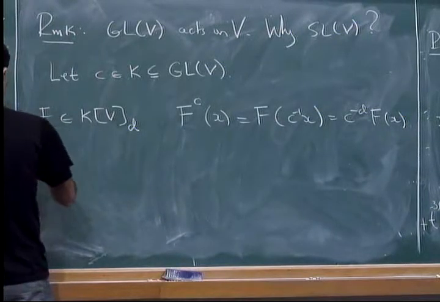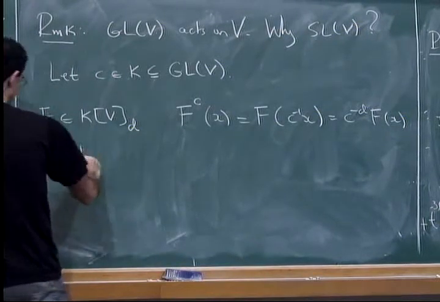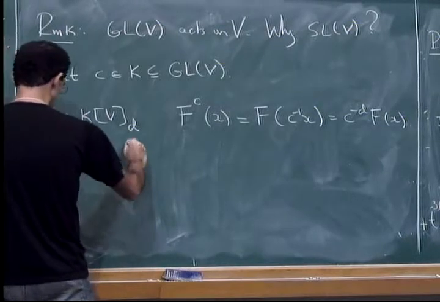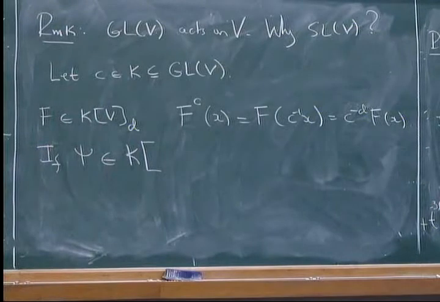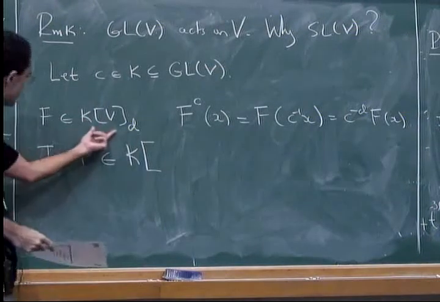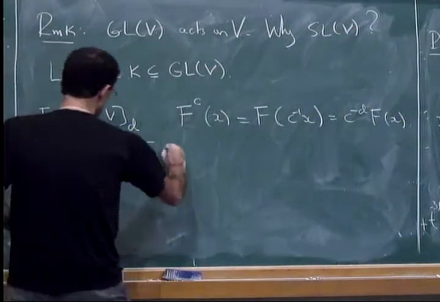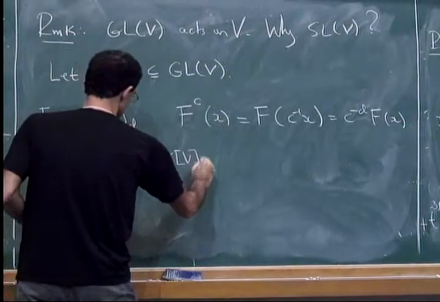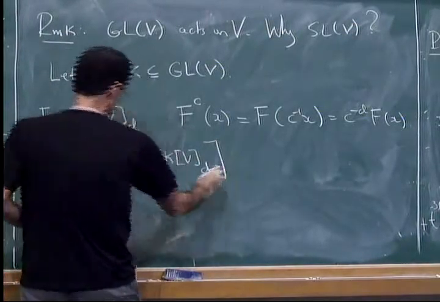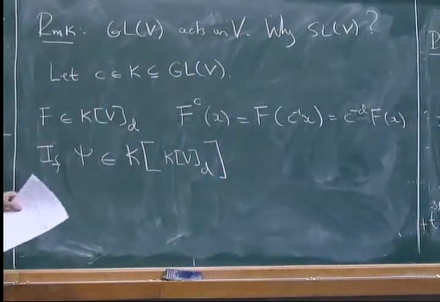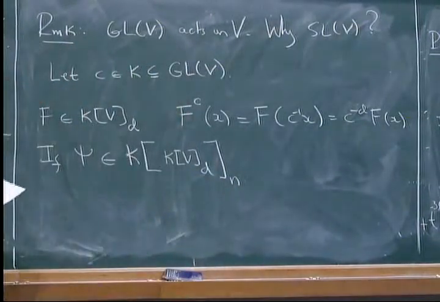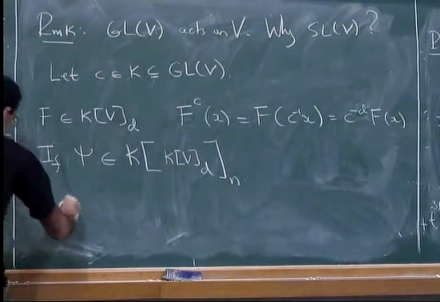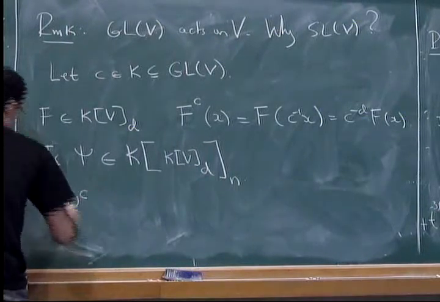Now, if we pick a homogeneous polynomial, so we're interested in invariance of the action on here. So let's look at a polynomial on this vector space. Okay? And let's look at a polynomial of degree n. So again, we have an action of GLV on psi.